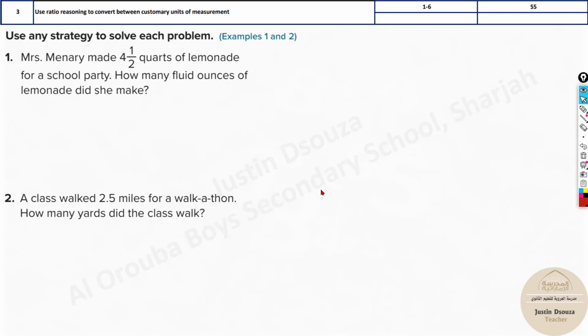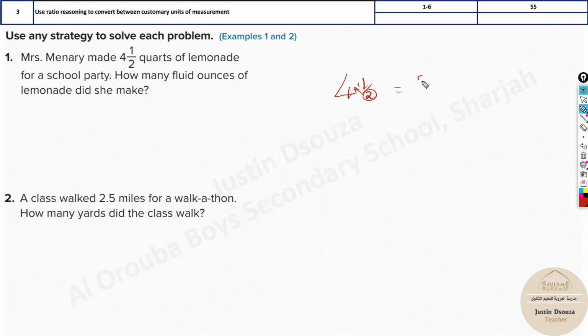Mrs. Mainery made 4.5 quarts of lemonade for us for a school party. How many fluid ounces of lemonade did she make? First of all, we need to convert this mixed fraction, 4 and 1/2, to an improper fraction. Multiply 2 times 4, whatever is outside, and then add the numerator and write.